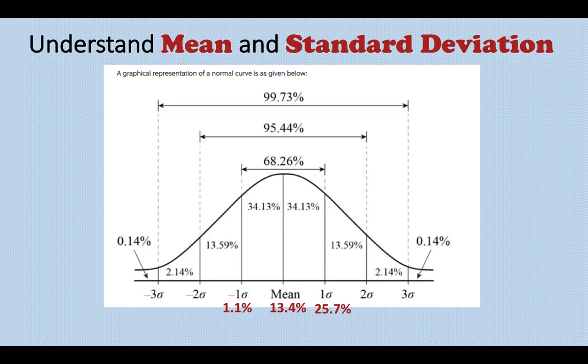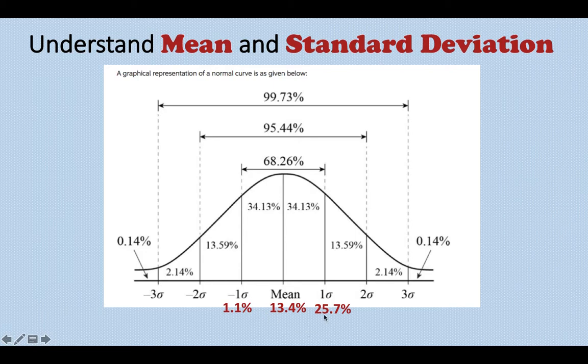Okay, so once you calculate the mean and the standard deviation, how do you understand it? In our example for the S&P 500, the mean is 13.4%. The standard deviation is 12.3%. So within one standard deviation, you take 13.4% minus 12.3%, which gives you 1.1%.